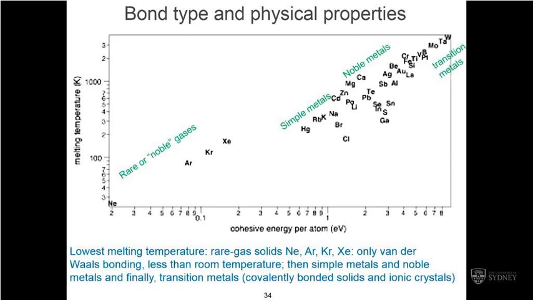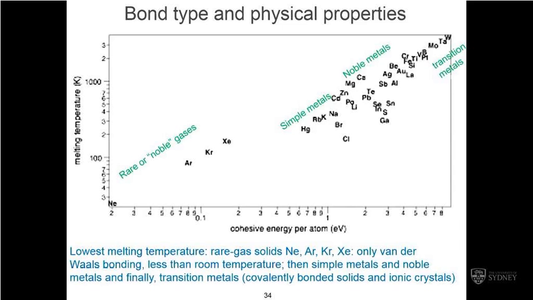The very lowest melting point temperatures are these rare gases or noble gases, neon, argon, krypton, xenon, that have already very filled shells. They're very happy, they're very stable, they don't need to bond with anybody else. So their cohesive energy is very small and they have a very low melting temperature.